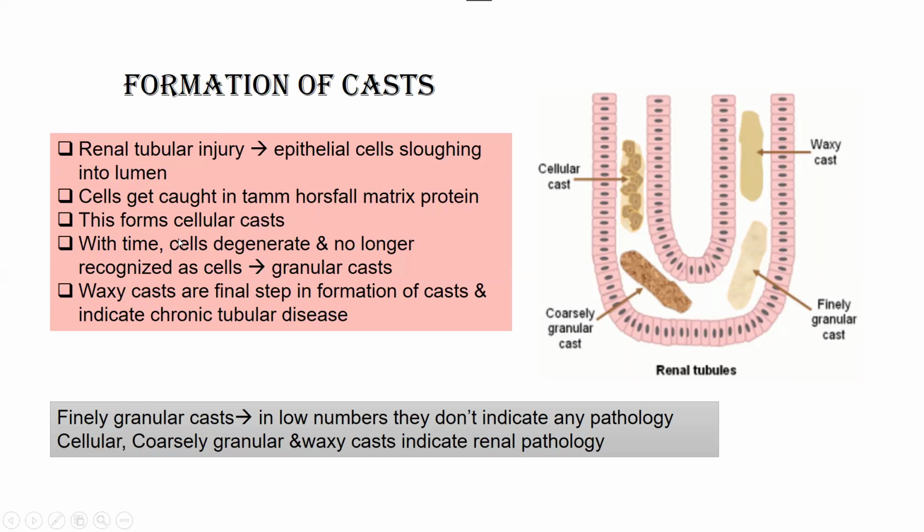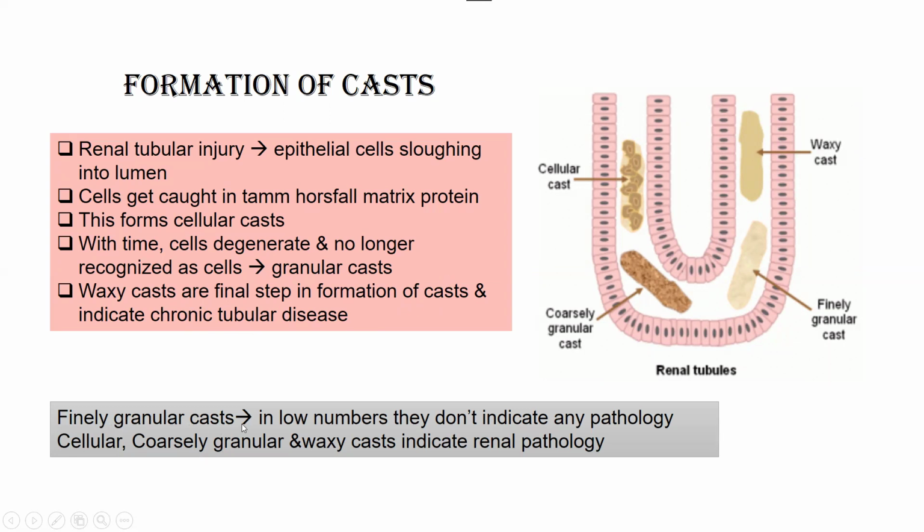With time, cells start to degenerate and are no longer recognizable as cells. So they form coarse granular cast. This will further degenerate to form fine granular cast, and ultimately waxy casts are formed, which are the final step in the formation of cast and indicate chronic tubular disease. So this is waxy cast.